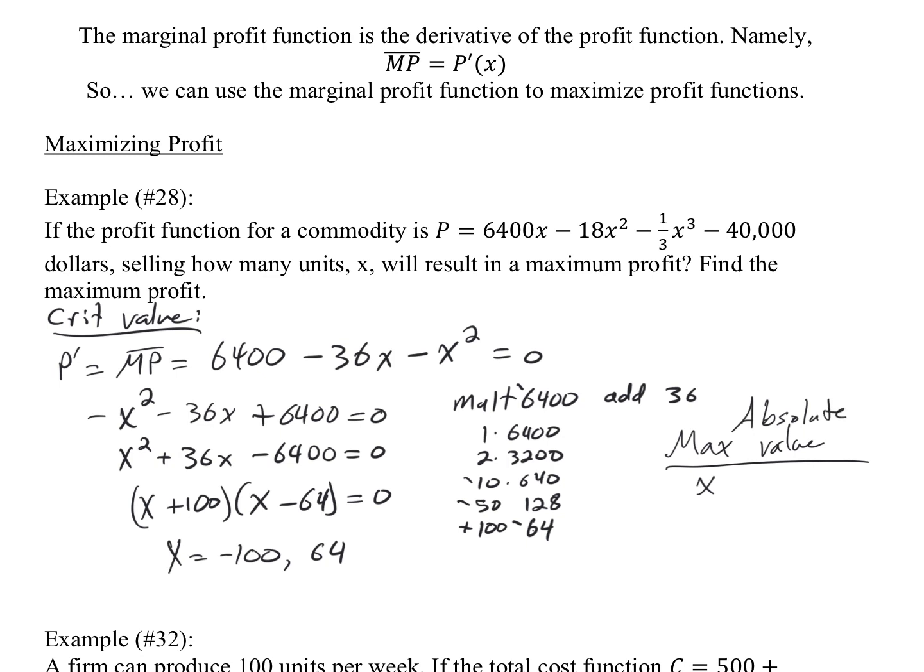We're going to come up with a table of x values and then p values. So negative 100 was one of the critical values, but it doesn't make sense in the context of the example, so we exclude it. Okay, if negative 100 doesn't make sense as the minimum number of units that you could produce, what number would be a good minimum number of units?